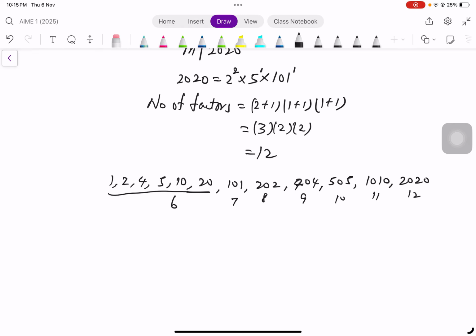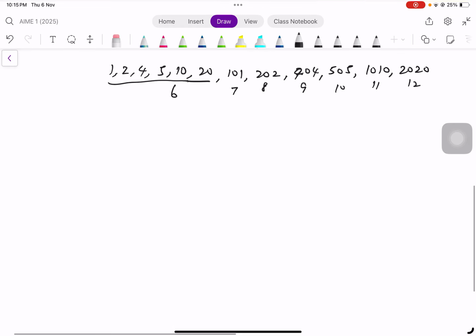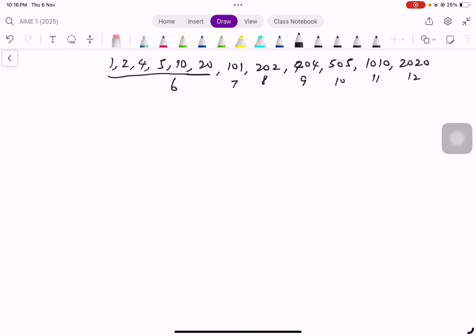Let's look at this. That means we are looking at m can be 1. Then your big N will be equal to 10 to the power of 4 times 1 plus 2020. And then m equal to 2, then N will be 10 to the power of 4 multiplied by 2 plus 2020.